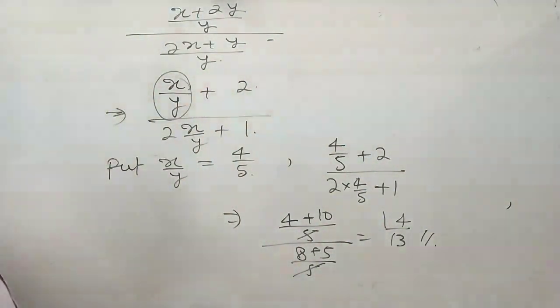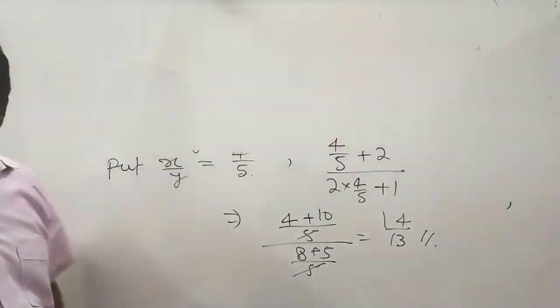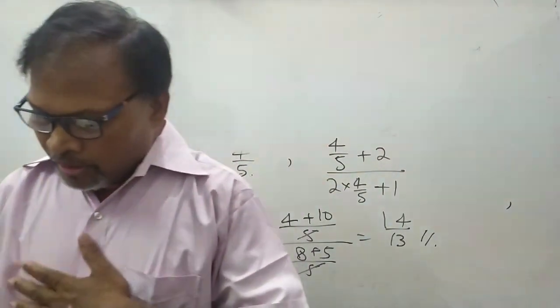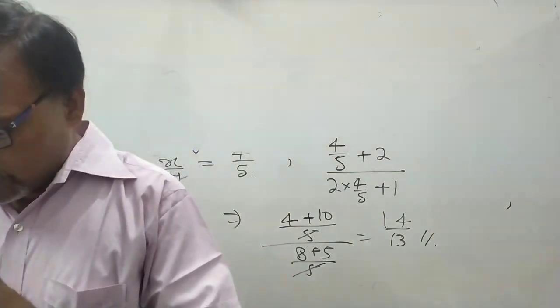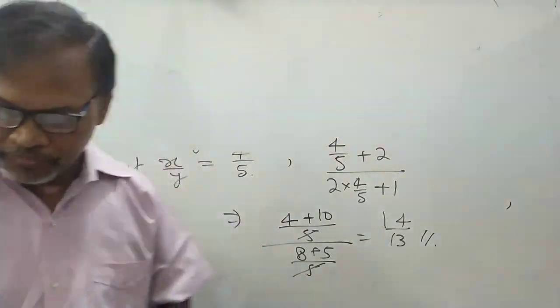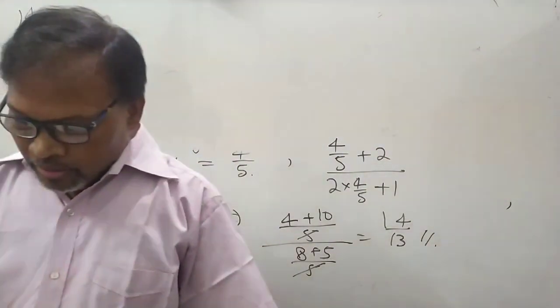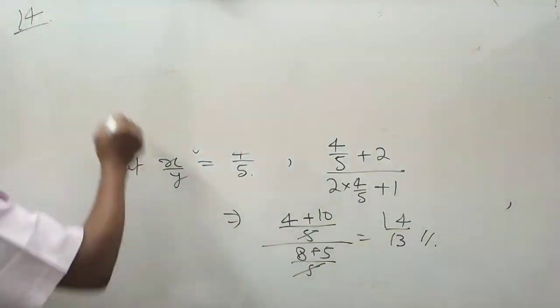Now one other type of question is there. This is question number 14. Find the two numbers in the ratio of 8 upon 7.